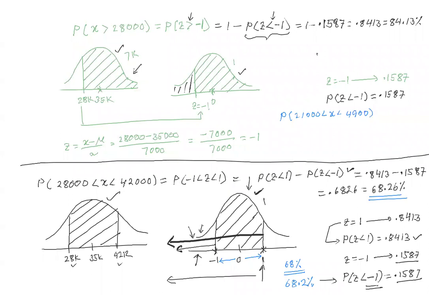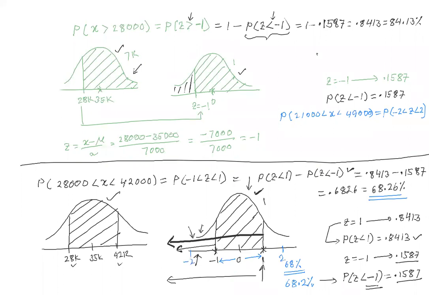Now, if you do the math here, you'll see this is the probability of -2 less than Z less than +2. So instead of going one standard deviation, you're going two standard deviations in either direction.